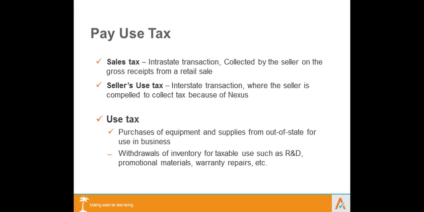There are many different types of use tax, but consumer's use tax is what we typically see when I, as a business, buy something from an out-of-state vendor, and they're not compelled to collect the tax because they don't have nexus, so they're charging me zero tax. I as a business need to self-assess and pay the use tax directly to the government. So it's incumbent upon me to understand what items and services are taxable, but then also, if I've not been charged by an out-of-state vendor, to self-assess and pay those taxes.